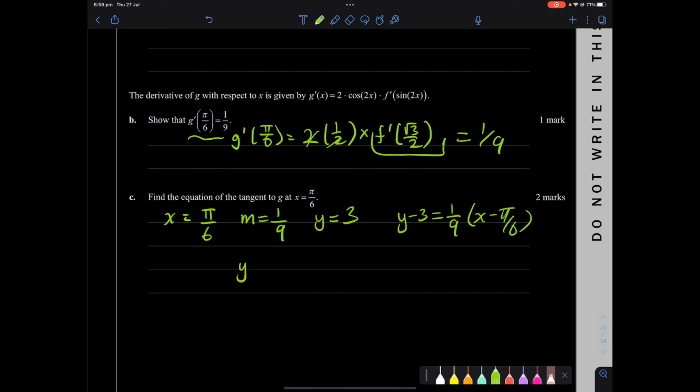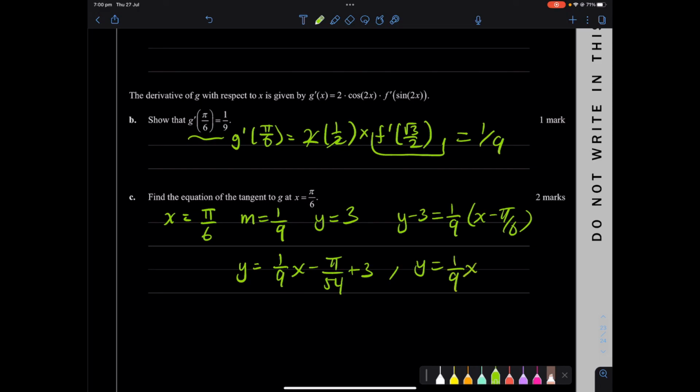I'll just do it by hand, it's much quicker. So y equals x on 9 minus pi on 54 plus 3.